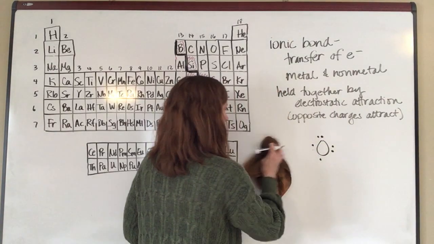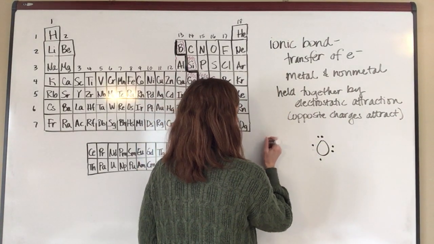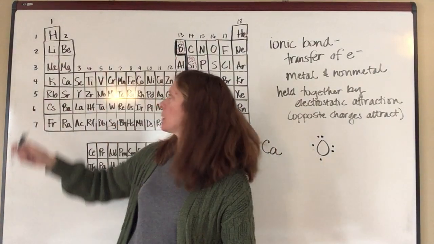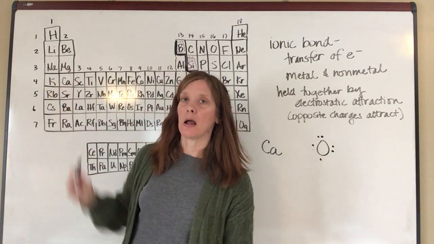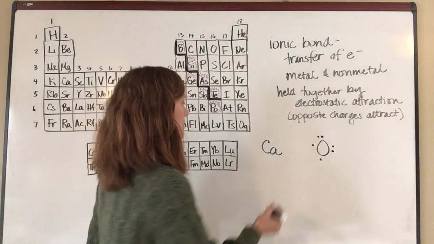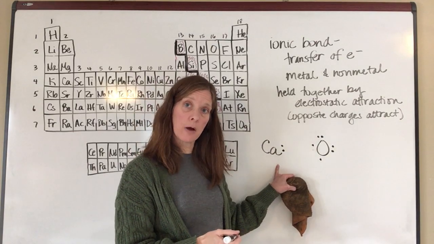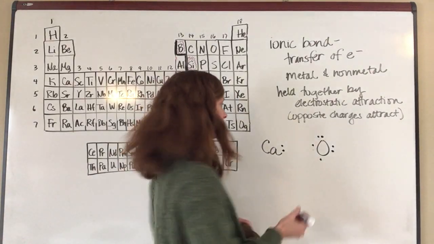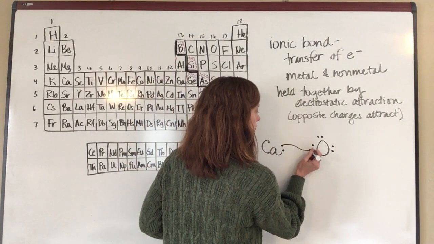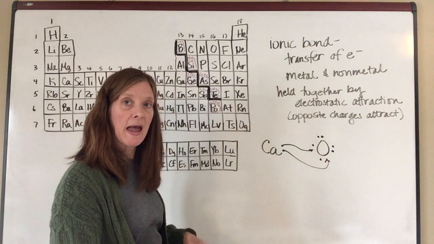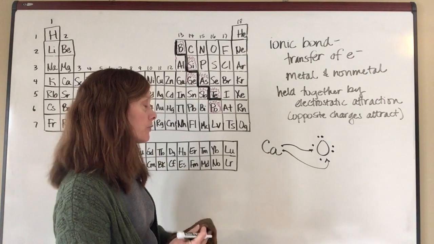So let's say that I started with calcium. Calcium normally has how many valence electrons? Well, calcium is right here, and so being in that second column, it has 2 valence electrons. It wants to give up its 2 electrons. Oxygen wants to gain 2, so one of them is going to go here, one of them's going to go down here. Is calcium happy? Yeah, because it got rid of both of them.